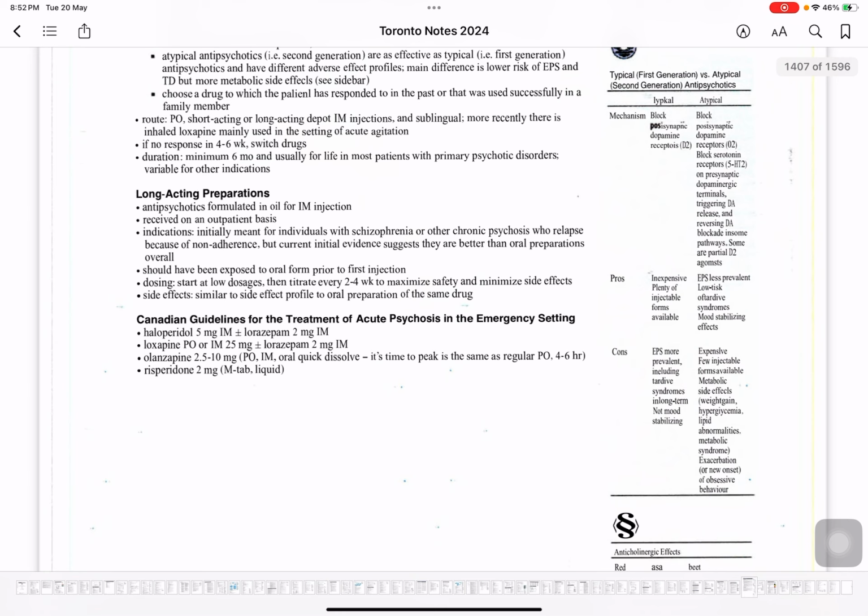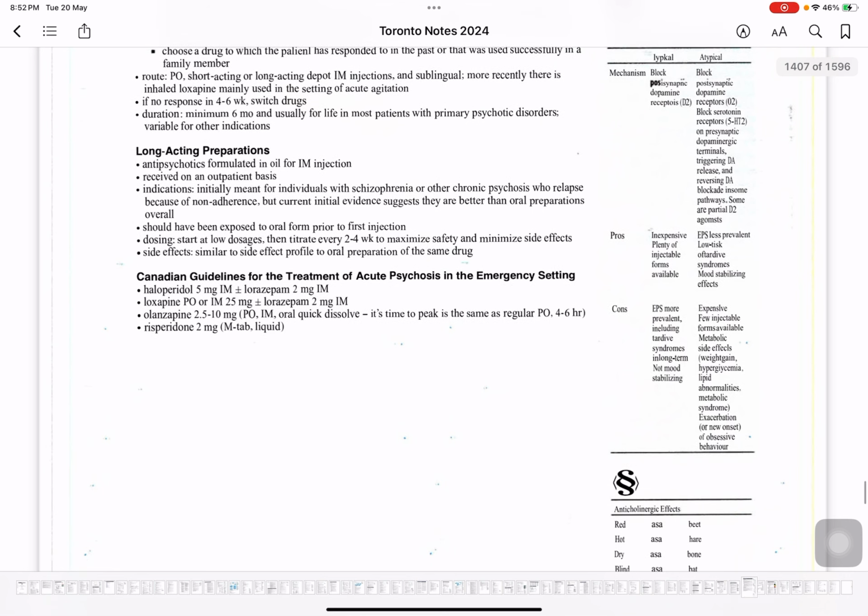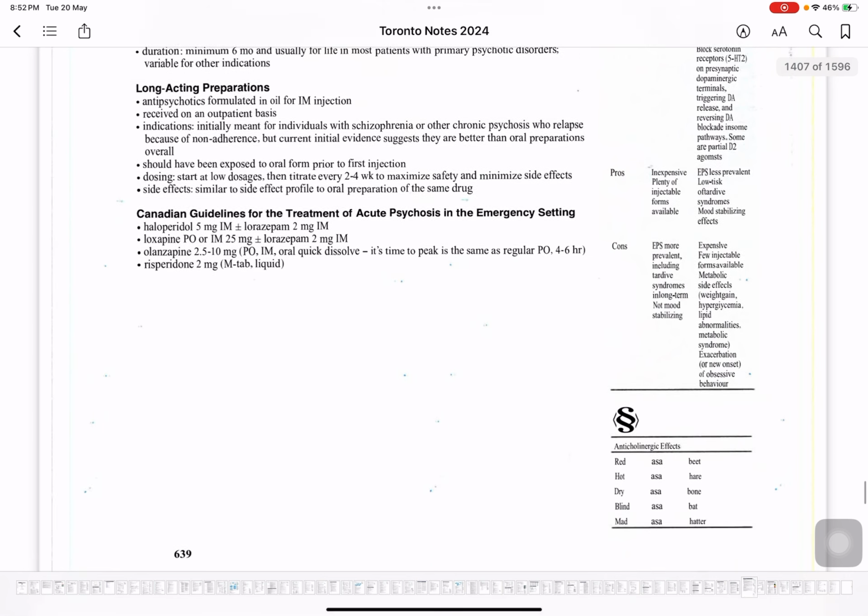Whereas the atypical ones are more expensive, and they have fewer injectable options available, and they have more side effects related to metabolic problems like obesity, diabetes, weight gain, hypertriglyceridemia, or hyperglycemia. So metabolic problems are associated with atypical ones, exacerbation of new onset of obsessive behavior.